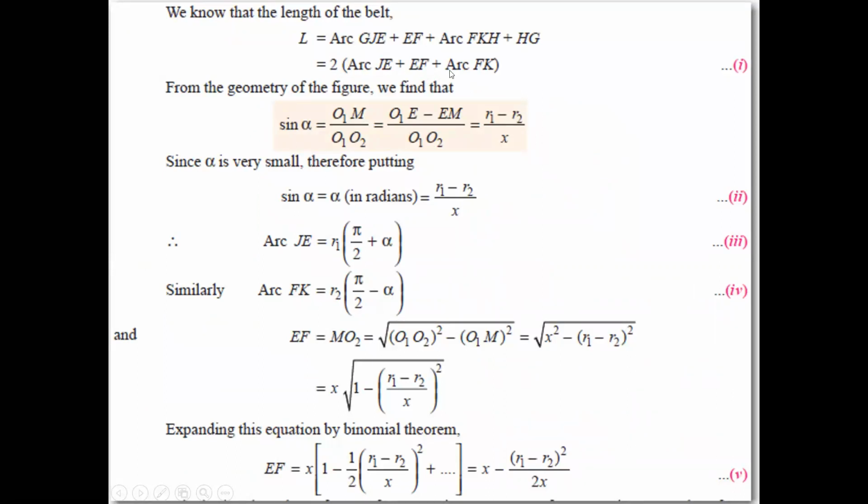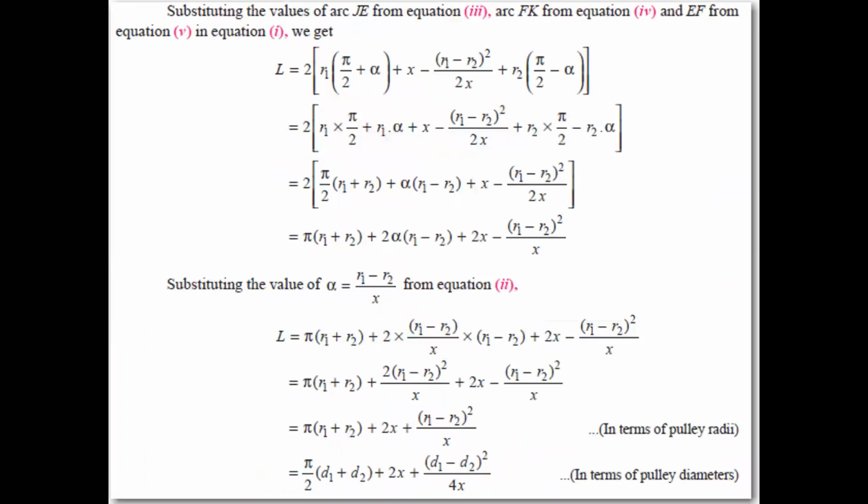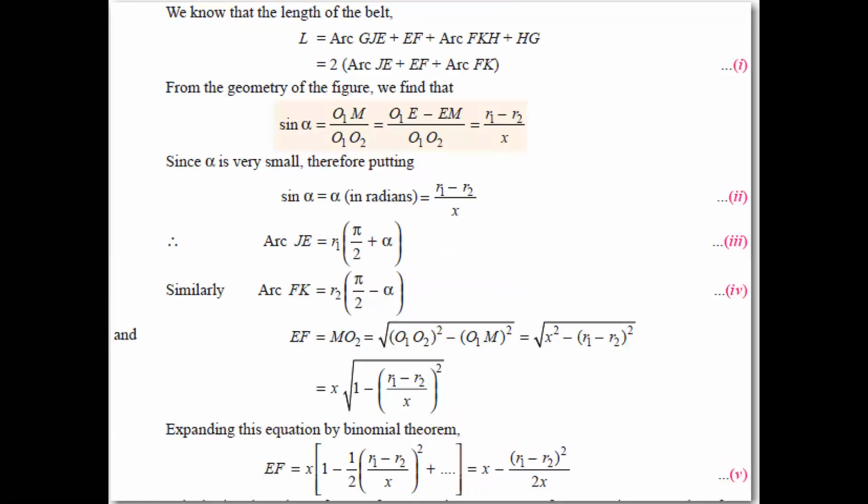From the geometry, we find that sin alpha equals O1M by O1O2.